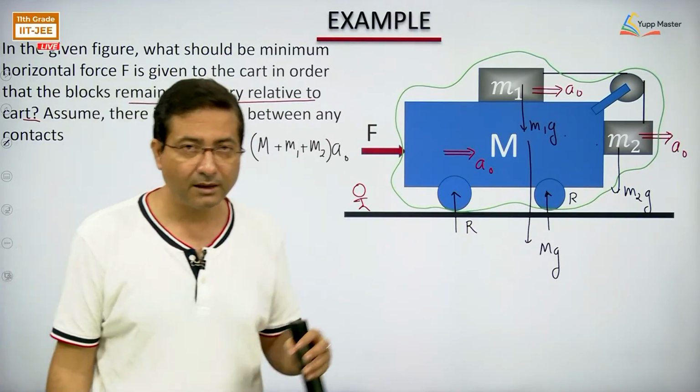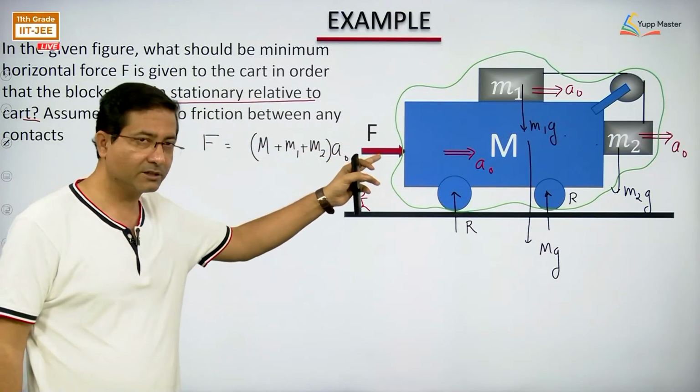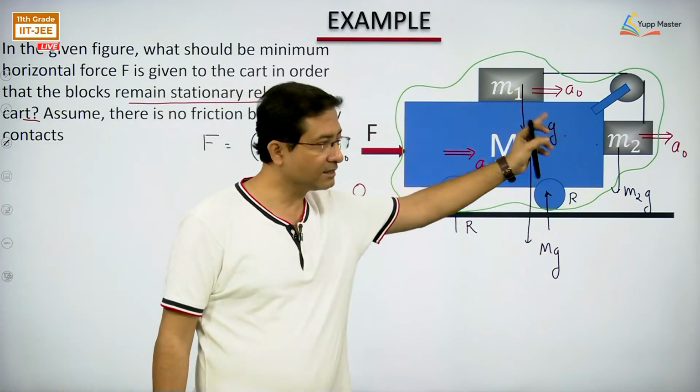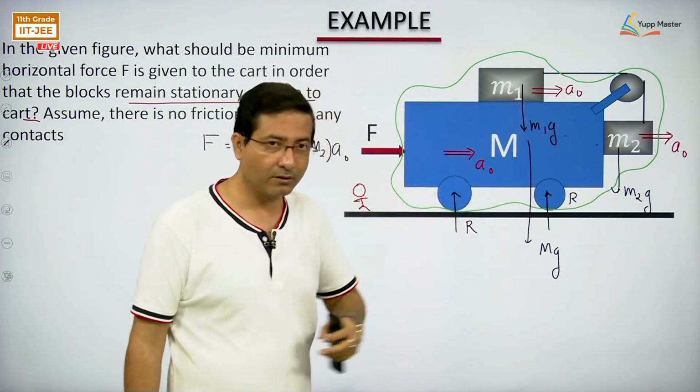Now as given in the question, you need to find the value of F for which there is no relative acceleration between the cart and the block.